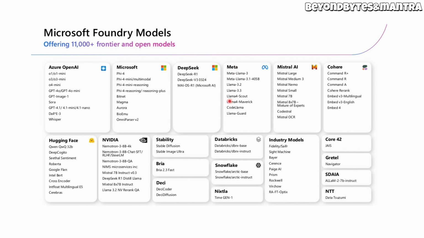We have DeepSeek, we have Meta's Llama models, we have Mistral, Cohere, Hugging Face, and NVIDIA series of models, which are quite famous nowadays for physical AI capabilities and advanced GPU capabilities. We have Stability, Bria, Databricks, Snowflake, Core42, Gretel, and a lot of others. So the crux of this is that you have a lot of models, and as per your use case and the customization that you need, you can use these in a single platform now known as Microsoft AI Foundry.